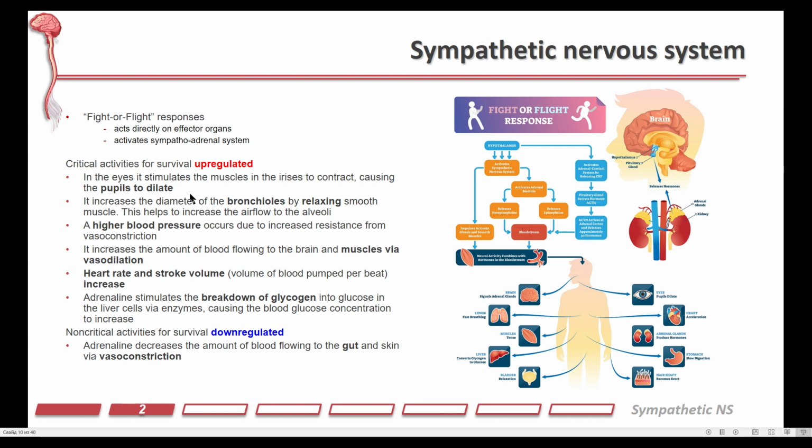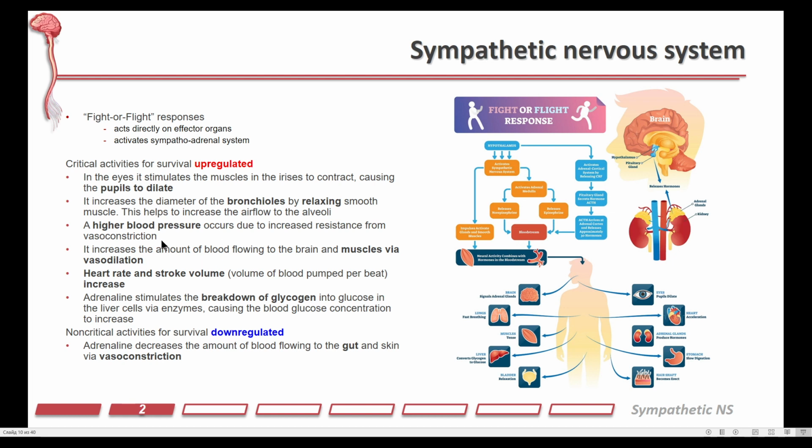Pupils will dilate for better visual control of the situation. Bronchioles will dilate because you have relaxation of smooth muscles, and the respiratory rate will increase to provide you more oxygen. Then the cardiovascular system also will be activated. The heart rate increases, the stroke volume rises, the blood pressure increases.